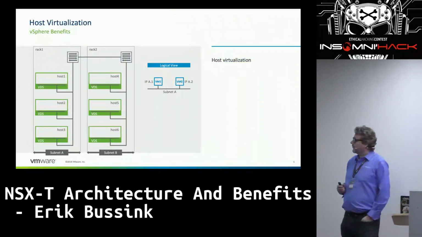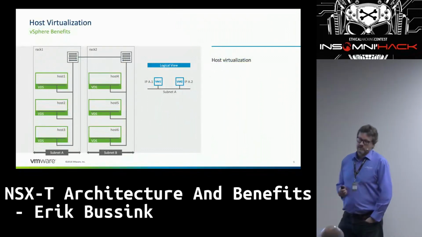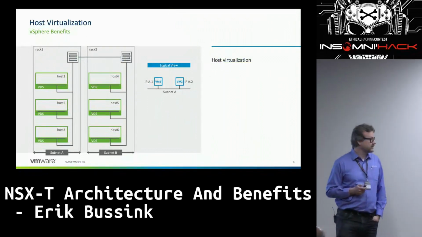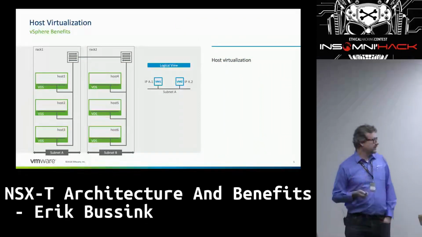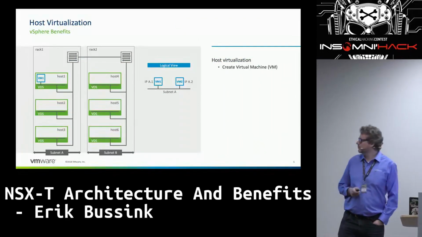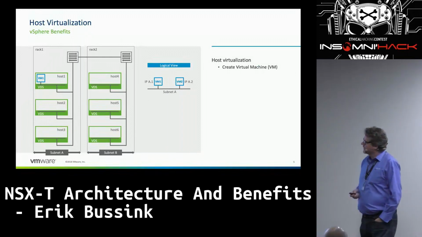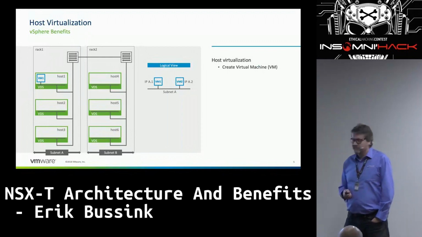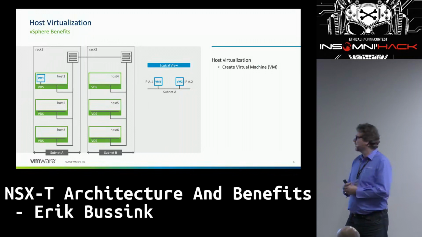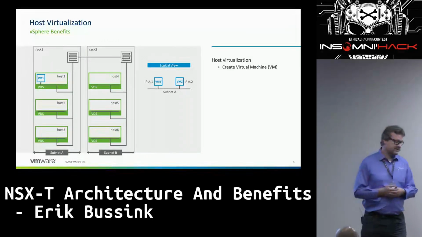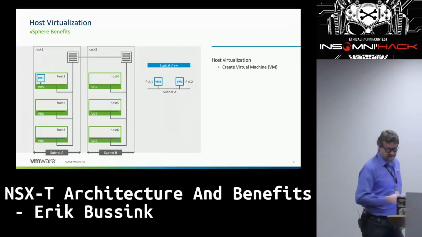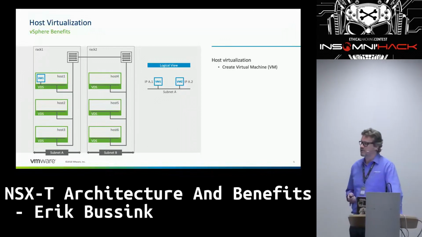So I guess everyone knows about host virtualization, a product we've done for the last 20 years, where you can easily deploy multiple virtual machines. So in this case, we've got 2 racks. They have each their own subnets. So with NSX, with vSphere ESX, you can create machines.